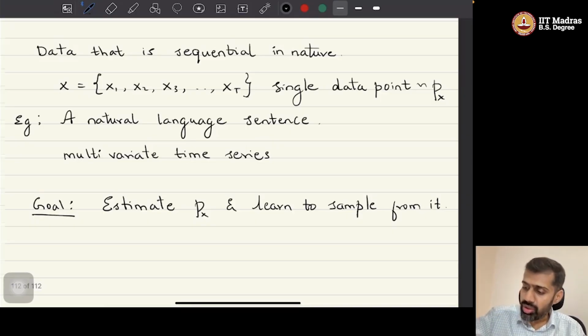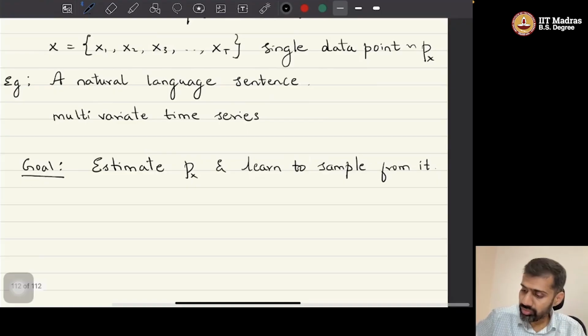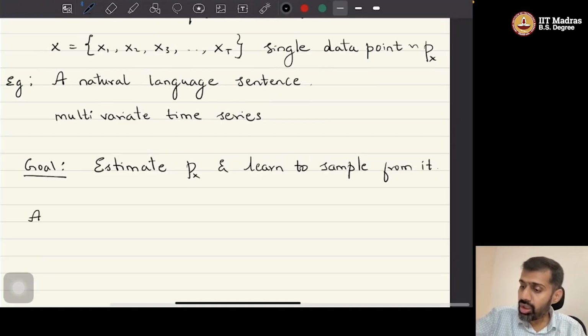In auto-regressive models though, p theta in AR models, the solution for the above problem still remains the same.